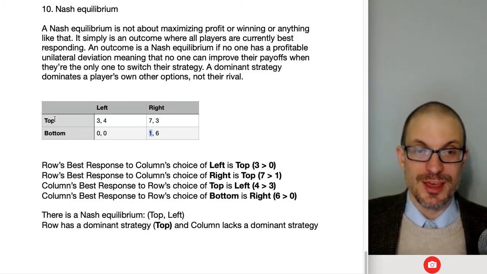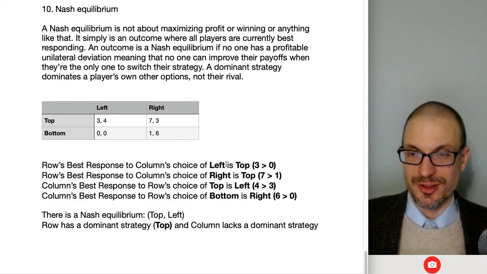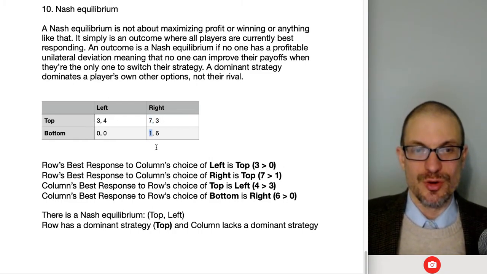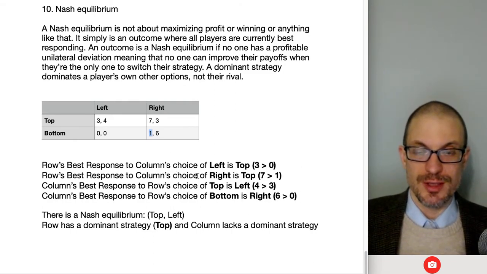We didn't say anything about the other player's payoffs, right? So when deciding that top is a best response to left, I compared 3 to 0, and that was enough. To find out that top is a best response to right, I compared 7 to 1. I didn't say anything about 4 or 0 or 3 or 6. You only pay attention to the player's payoffs corresponding to whoever's choosing.